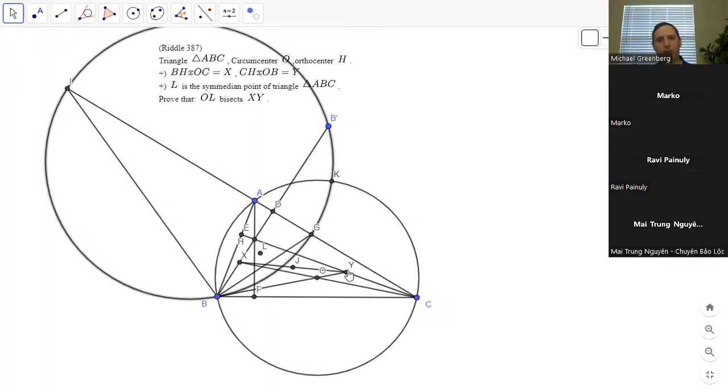And then we can find the power of Y with respect to the other one. Then J is the midpoint. Let me try some.